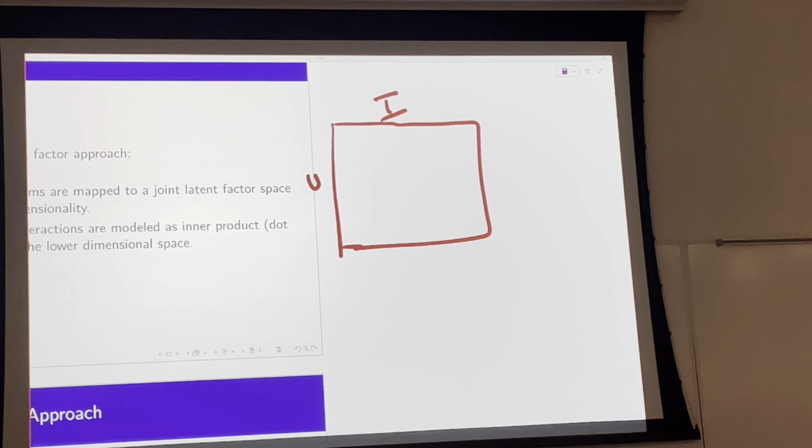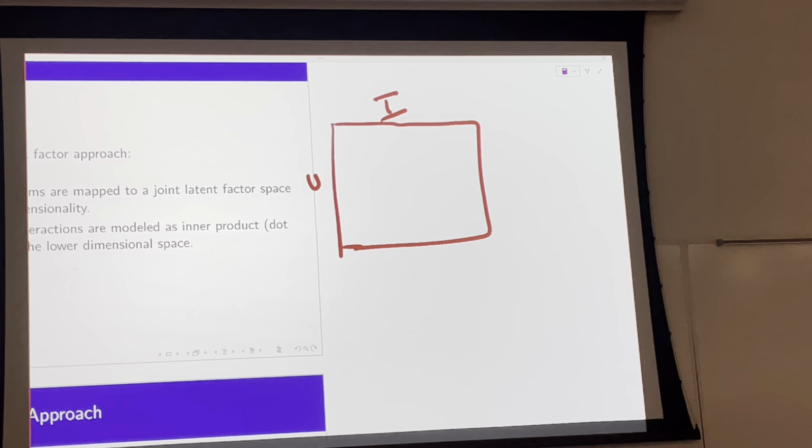So what we can do is we take this and we represent it as the product of two denser and smaller matrices. The one matrix is called U by K. The second matrix, the dimension of that is K by I. So you represent this matrix as a product of two matrices.